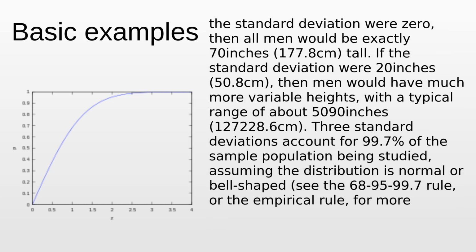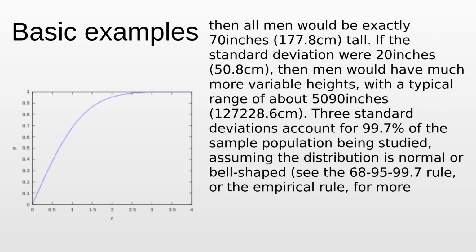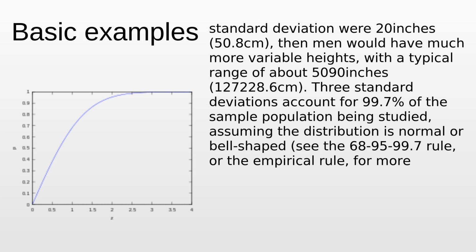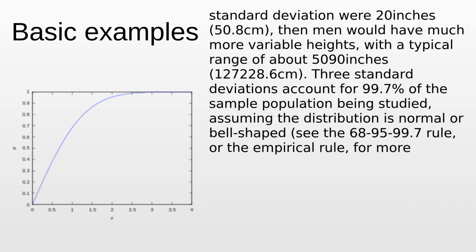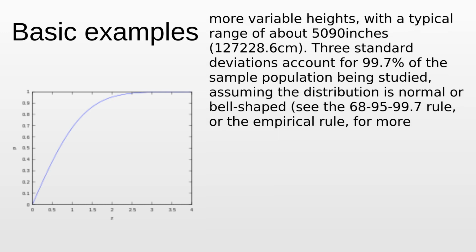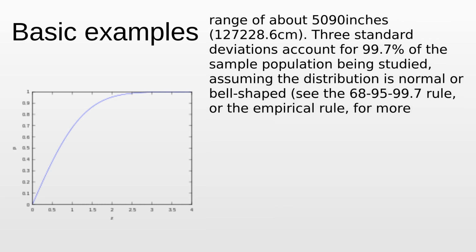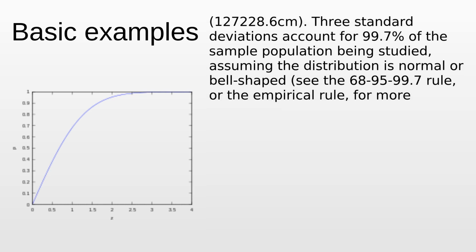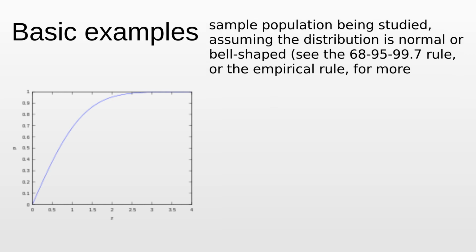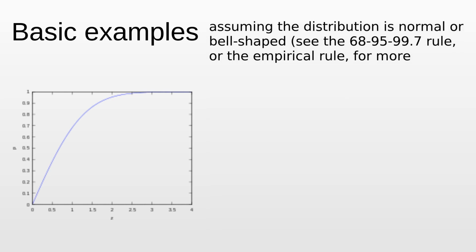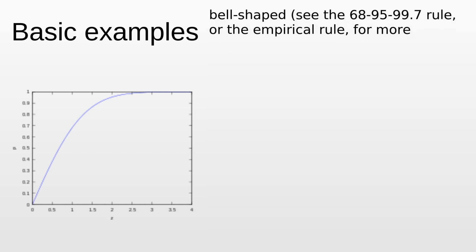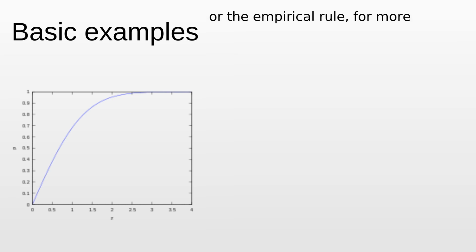If the standard deviation were 20 inches, 50.8 centimeters, then men would have much more variable heights, with a typical range of about 50 to 90 inches, 127 to 228.6 centimeters. 3 standard deviations account for 99.7% of the sample population being studied, assuming the distribution is normal or bell-shaped. See the 68-95-99.7 rule, or the empirical rule, for more information.